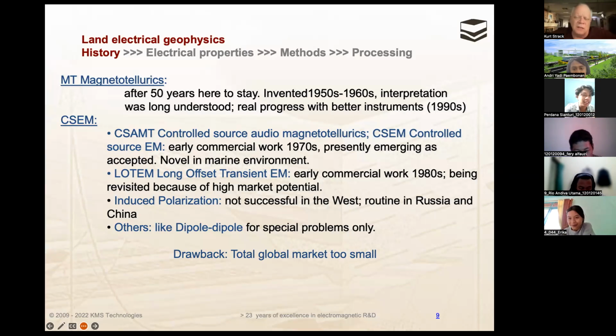And when those signals are too small, you bring your own transmitter, you generate your own signal, and that means you control your source. That's called controlled source electromagnetics. Among the controlled source electromagnetics, you have CSAMT, low-TEM, induced polarization, and dipole-dipole methods. The drawback in electromagnetic methods is that the market is too small.